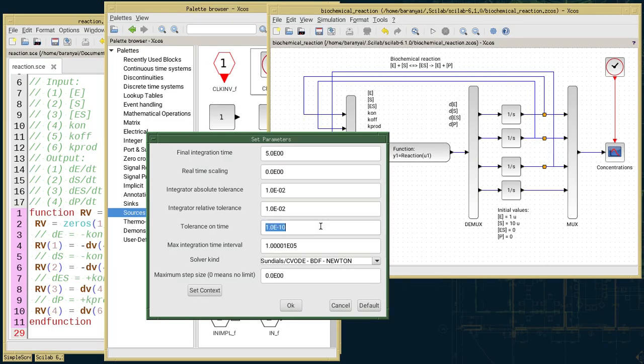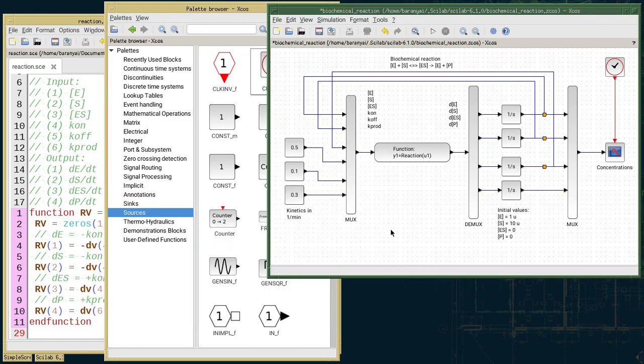So tolerance on time will be 0.01667. This will be the 1 second, so I calculate everything in second accuracy. The maximum integration time interval will be the 5 minutes. The time frame of the total reaction, the solver can be the default, and everything now is set up.